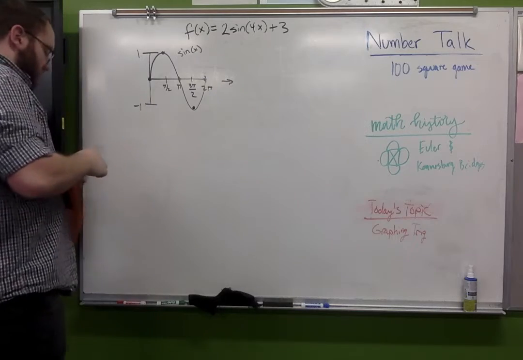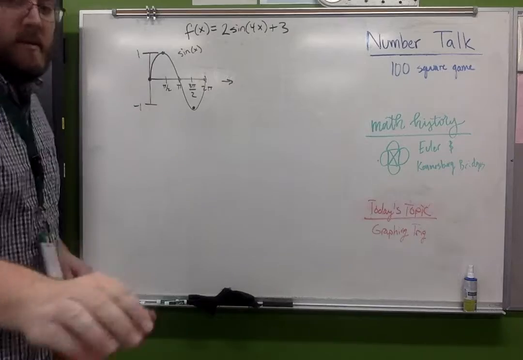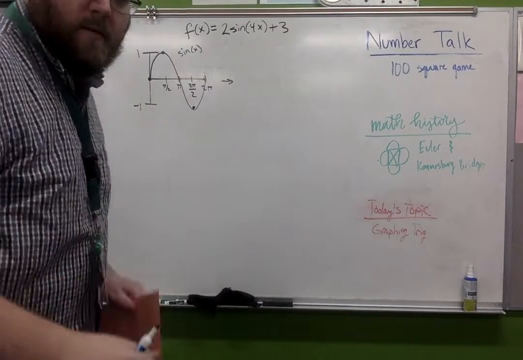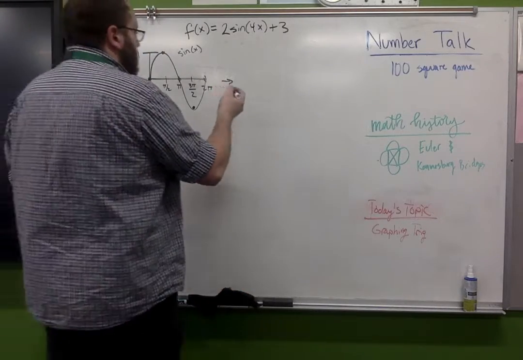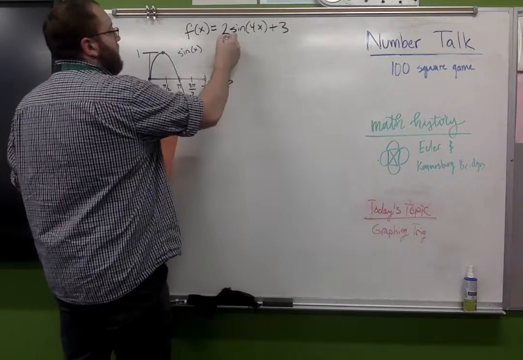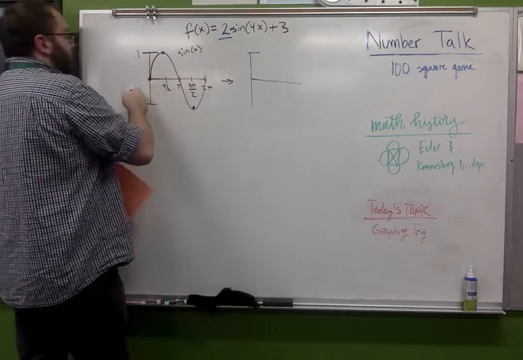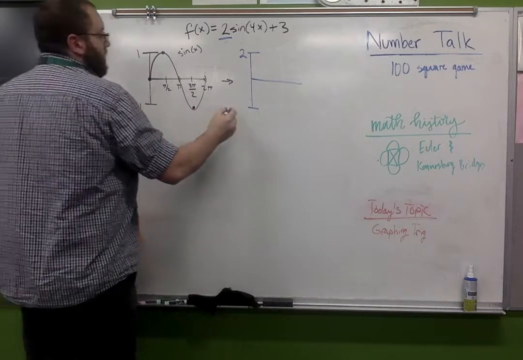Okay, now we're going to do the amplitude next. Our amplitude is 2. So we multiply our y values by 2. So 2 times 1 is 2. 2 times -1 is -2.